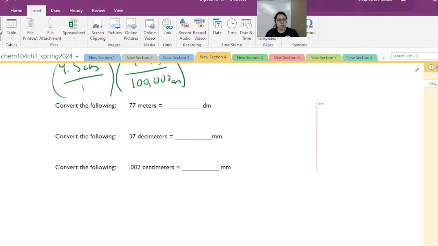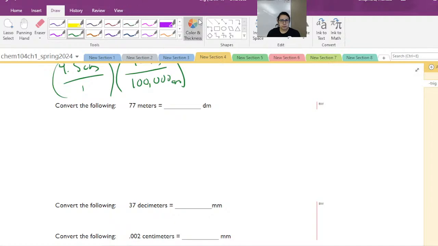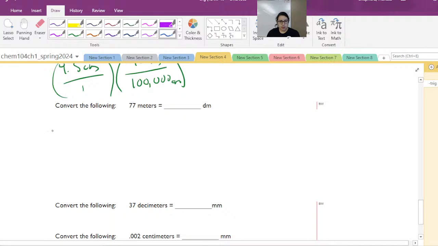Then let's try the 77 meters to decimeters. What was our conversion factor? What do we get for the answer? So 2 steps would be... All right, we're looking at the next one.